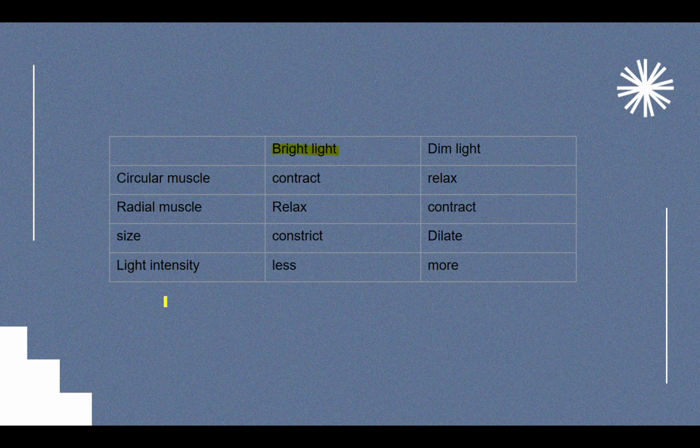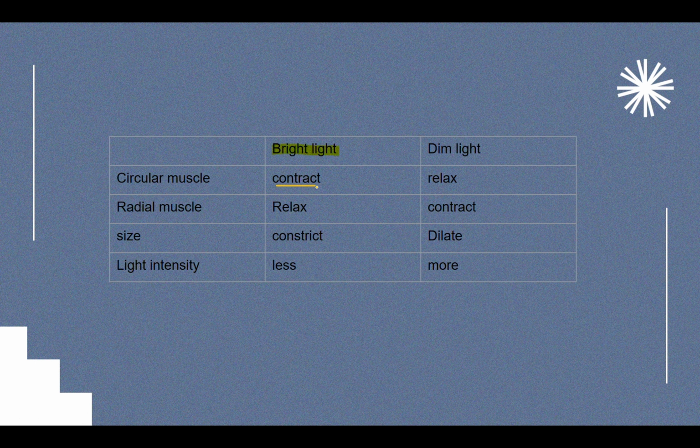The circular muscle and the radial muscle are found in your iris. The iris is made up of two muscles, circular and radial. They both work in different ways. If one is relaxing, the other is contracting, and vice versa. So, in bright light, what will happen?